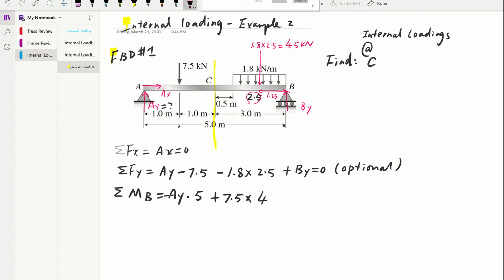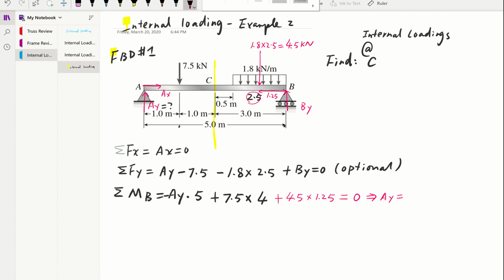Okay. So knowing that, we're going to write down 4.5 kilonewton times 1.25. That's moment of arm, and it's counterclockwise, so it's plus. Then BY going through point B, so that will not show up in the equation, equal to 0. So from this equation, we can find our AY.